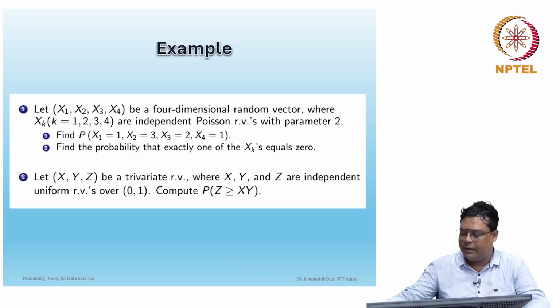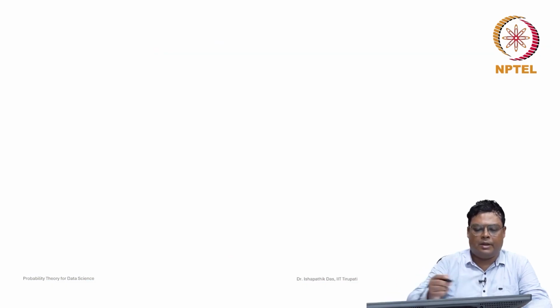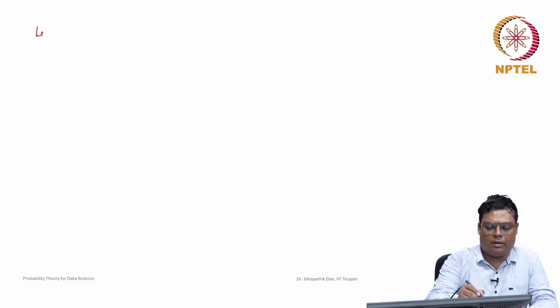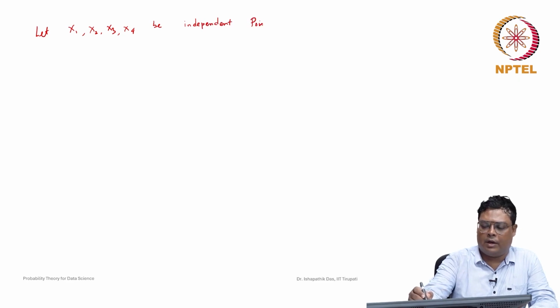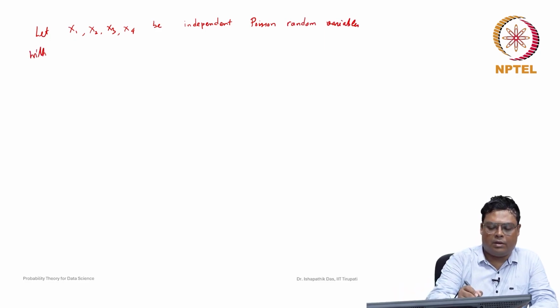So it is given that x1, x2, x3 and x4, four random variables, are independent Poisson random variables, with each xi having Poisson distribution with parameter lambda.